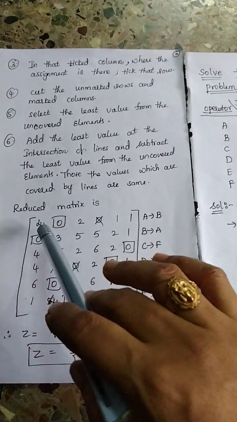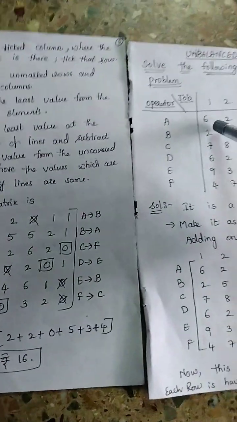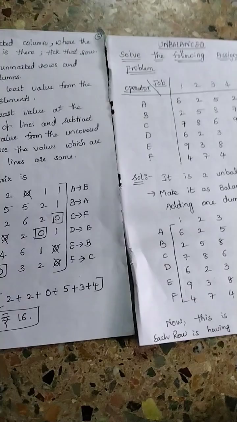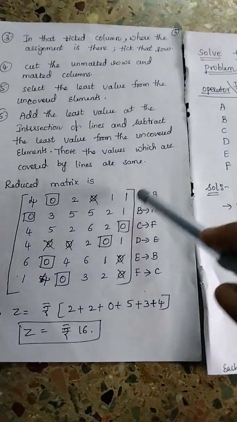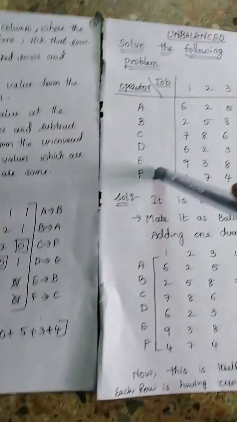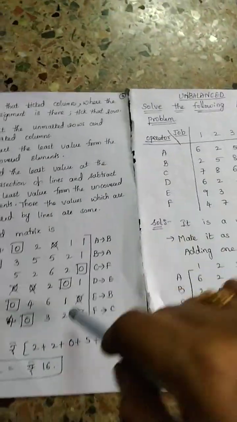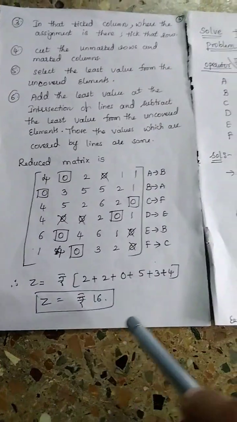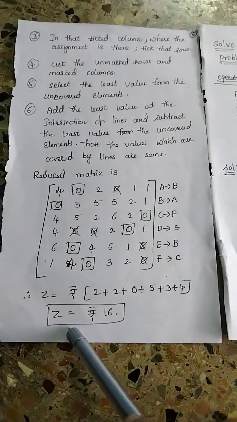Plus B to A. B to A is how much? 2. Now third one, C to F. C to F is 0. D to E is 5. Plus E to B. E to B is how much? 3. Plus F to C, which is 4. Now we are going to add all these values. You got the value of Z equals 16.